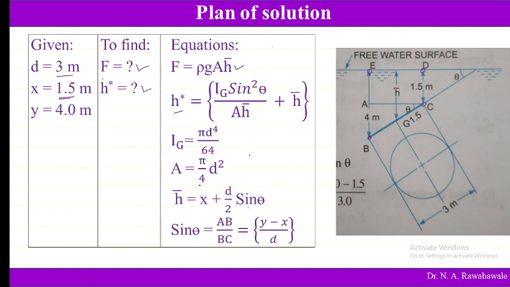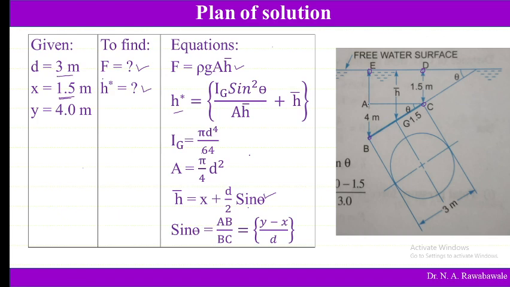h bar is equal to x plus d divided by 2 sine theta. Again x we know, diameter we know, theta we don't know, so we have to find out theta. In the previous problem theta was given, here theta is not given. To find out, sine theta is equal to AB divided by BC.